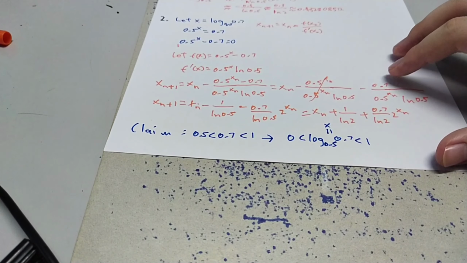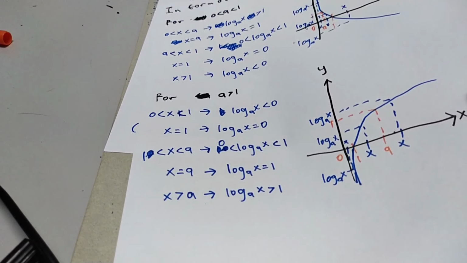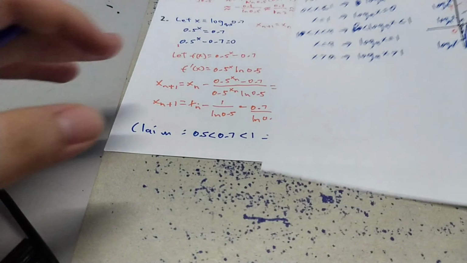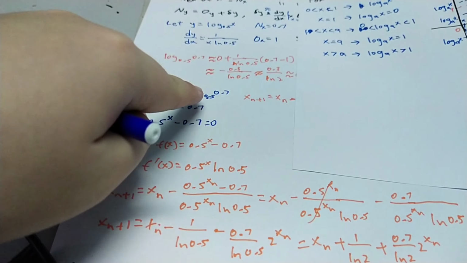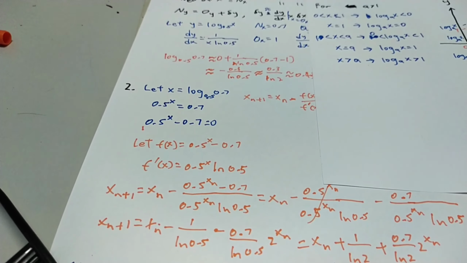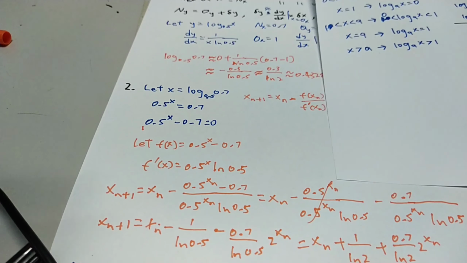How do I know that? Well, in the previous video, I already showed you how to guess the range of a logarithmic value. So we can guess the range of this one, which is in between 0 and 1, and we already know that our root, the value of x, is just going to be in between 0 and 1.